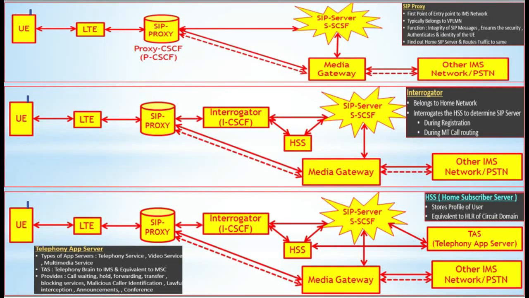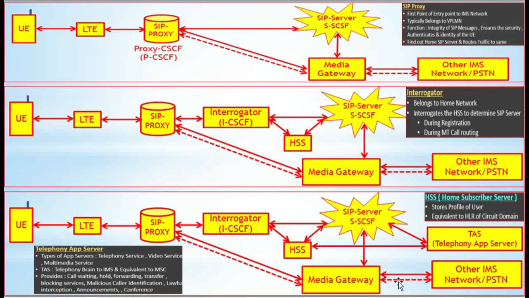IMS was never intended to be limited to voice service. Rather, it was designed for multimedia services, and voice is only part of the same. IMS is not a service but a service facilitator network, and it enables users to access various applications such as telephony service.